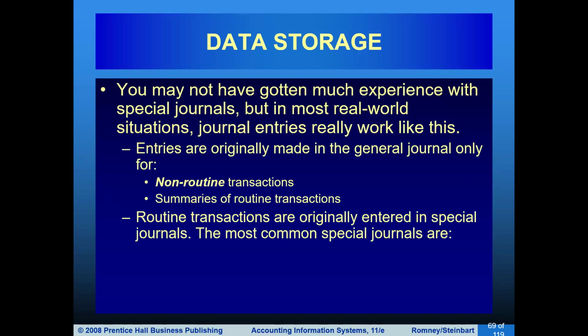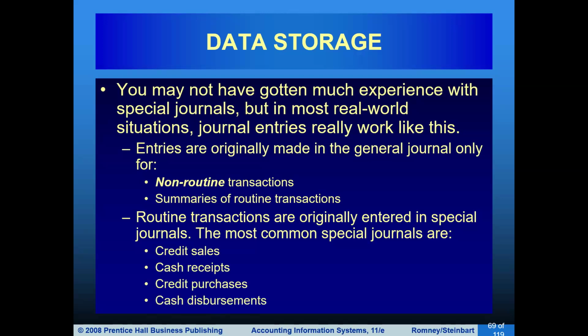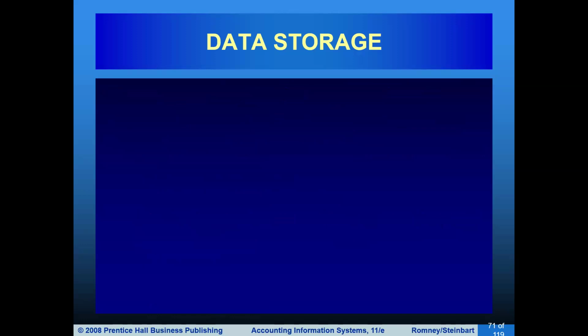Routine transactions are originally entered in special journals, right? That means like credit sales, for example. Credit purchases: you enter first in the purchase journal, then go to the relevant ledger account. Credit sales, cash receipts, cash purchases, credit purchases, cash disbursements: likewise, you enter the journal, then go to the ledgers.